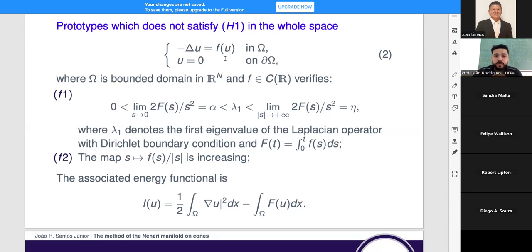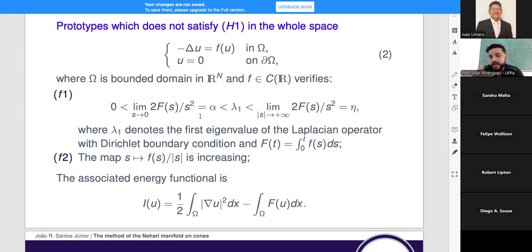Here we are considering a different function. For example, f is not necessarily a power. Here we are considering a function satisfying some conditions at 0 and at infinity.